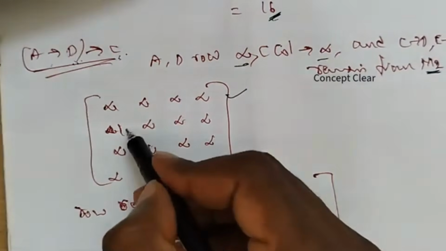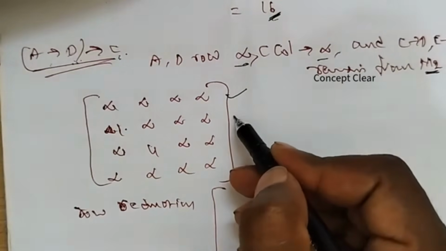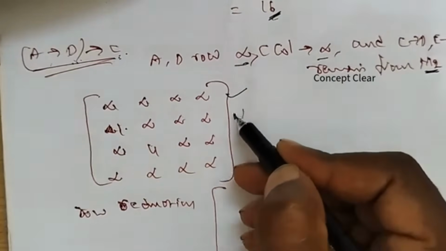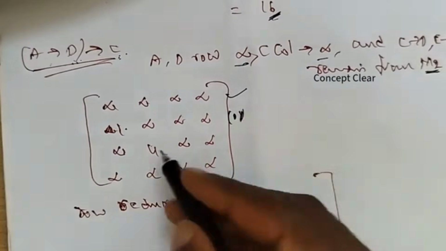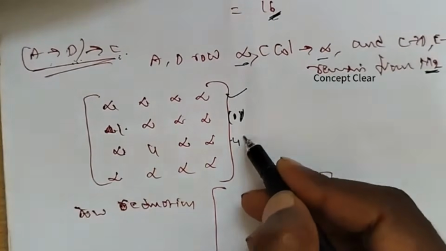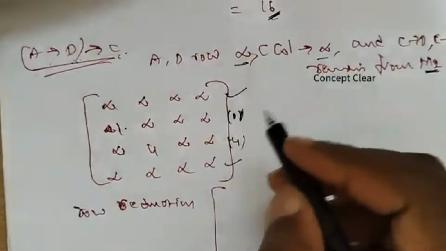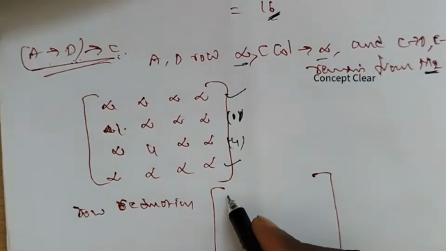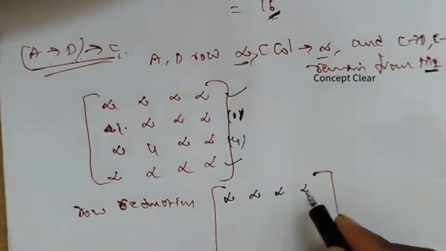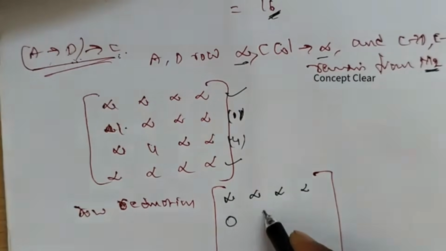Here there is only one value and there is no zero, so it is reduced with that value, and it is also reduced with 4, because there is no zero. After row reduction: infinity, 0, infinity; here infinity, 0, infinity.